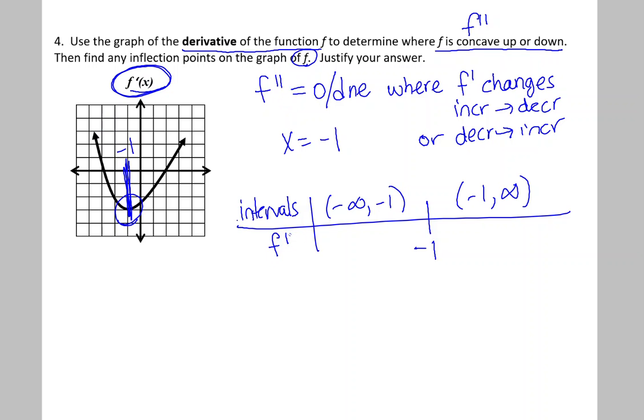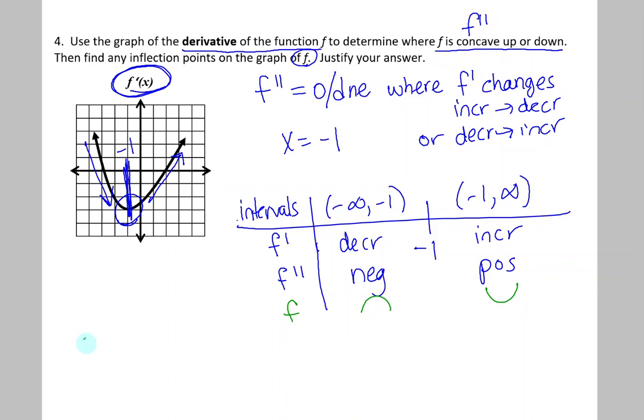So at first, f prime is decreasing, then f prime is increasing. So that means f double prime is negative, and then f double prime is positive. What does that tell us about f? That first, f is concave down, then f is concave up.